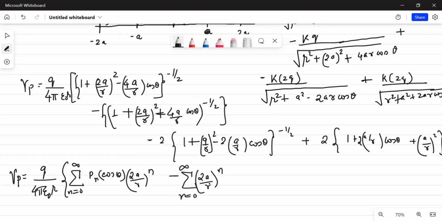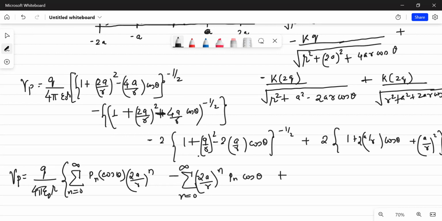I think this would be a negative term, right? So this is a negative term because you see this 2a upon r, this is plus here. So instead of plus, you can write minus 2a upon r, minus 2a upon r raised to power n, then I'll write Pn cos theta.